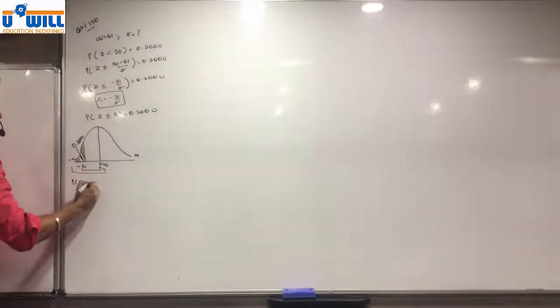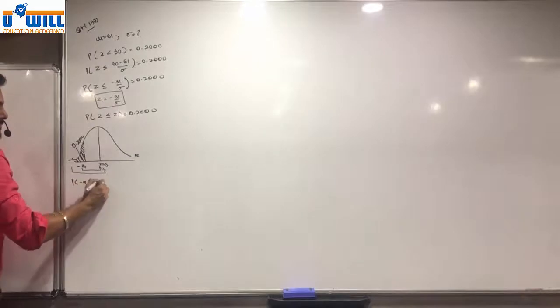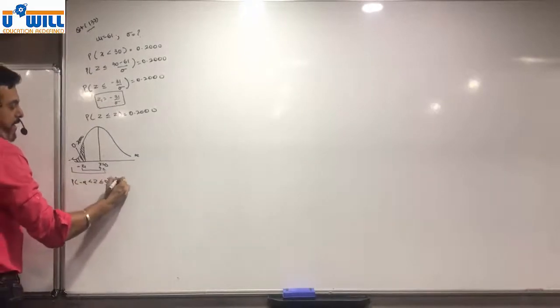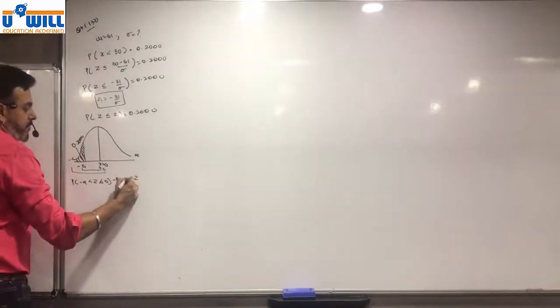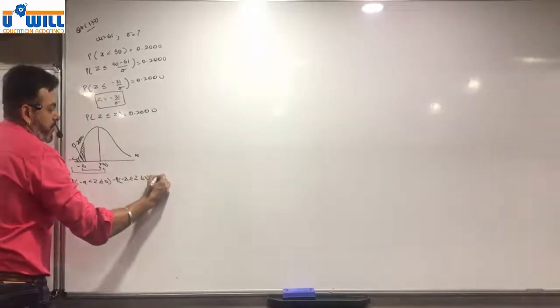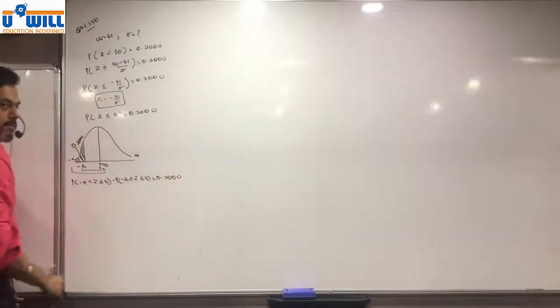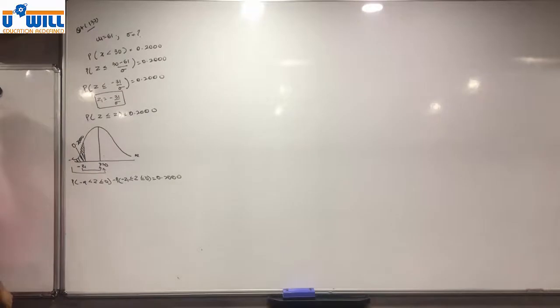So minus infinity to 0, and minus Z1 to 0. So probability of Z greater than minus infinity and less than or equal to 0, minus probability of Z greater than or equal to minus Z1 and less than or equal to 0, is 0.2000. Right, tiring, it's a bowl of equations. Okay.